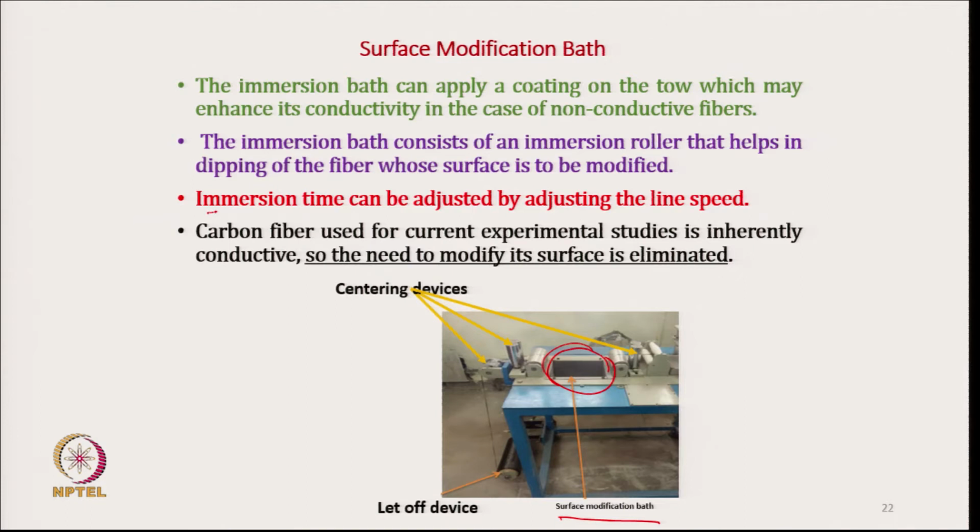The immersion time here can be adjusted based on the requirement, but in our present study, as we have used carbon fiber, we do not need any modification. So, this is for general purpose. For certain fibers we may need a certain surface finish, like natural fiber such as flax. If we want to coat with the polypropylene, in that case we can use some surface modification.